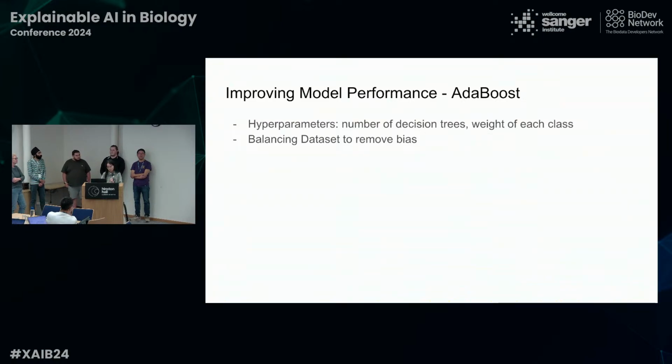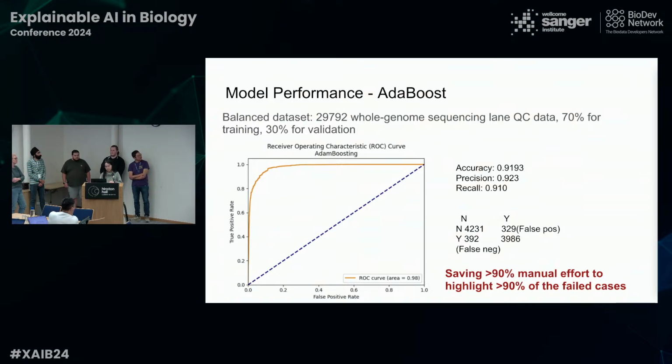So I'm just showing the best results, which worked on the balanced data set. The data set together consists of about 30K whole genome sequencing QC data, and half of them passed, and half of them failed. I used 70% of the data for training and the rest for validation.